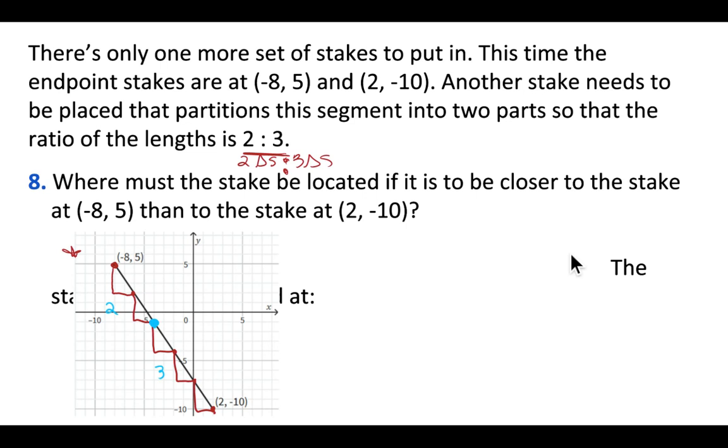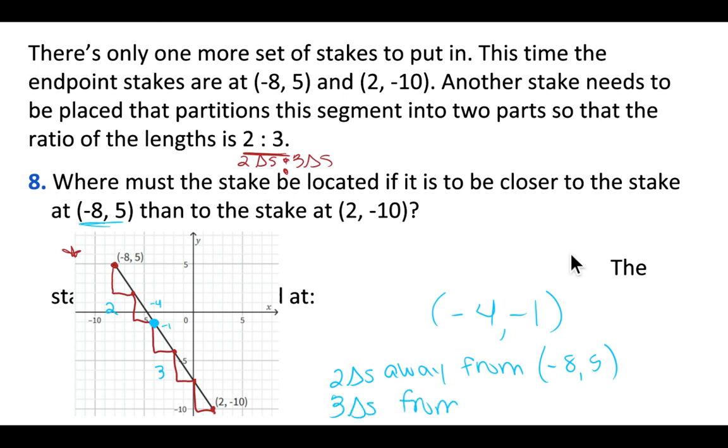I have 2 triangles to 3 triangles, closer to the top, closer to (-8, 5). That point is at (-4, -1). So again, it is 2 triangles away from our (-8, 5) and 3 triangles from our (2, -10), which makes that ratio 2 to 3.